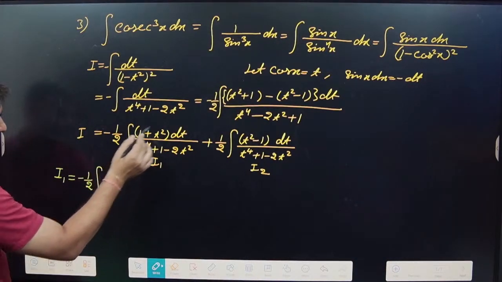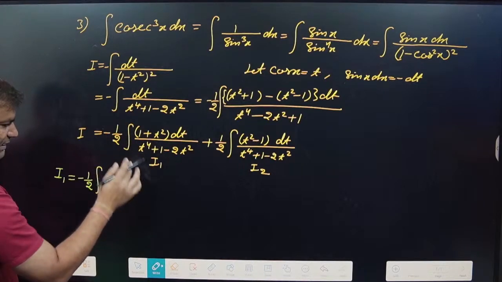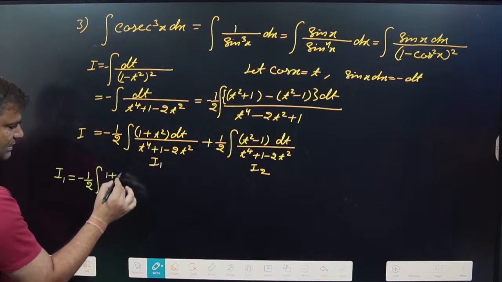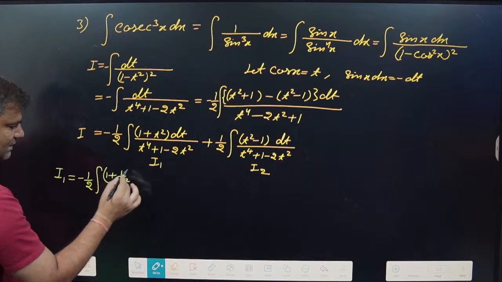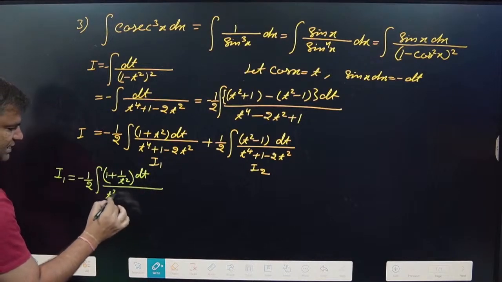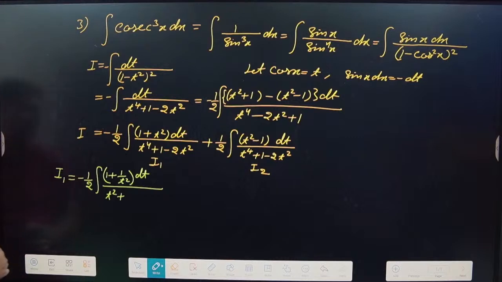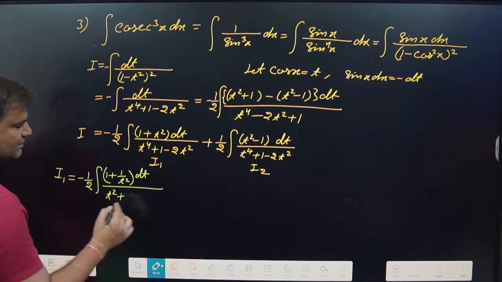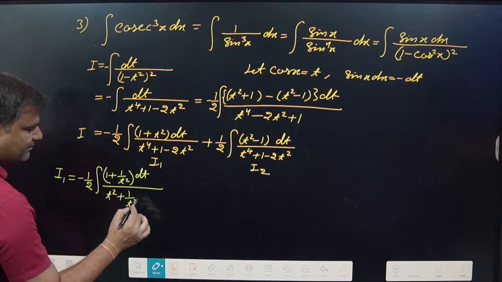If we divide numerator and denominator by t square, this is written as 1 plus 1 by t square into dt, divided by t square plus 1 upon t square minus 2.